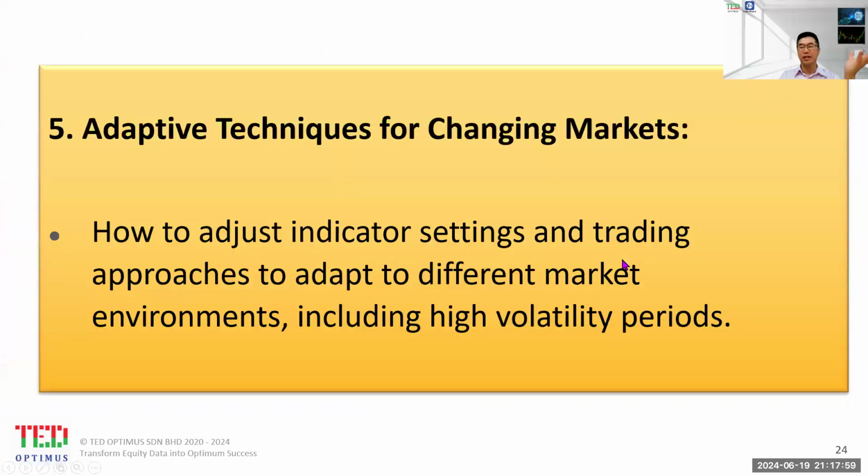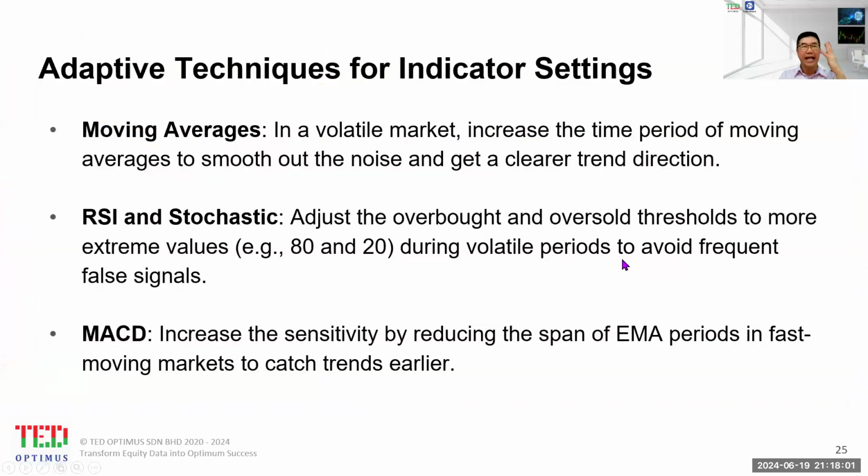Yeah. So the last point is adaptive technique. That means we need to be adaptable. We need to make changes to our technical indicators in order to make better use of the indicator under different market conditions. So moving average, when the market's volatile, you make it longer.